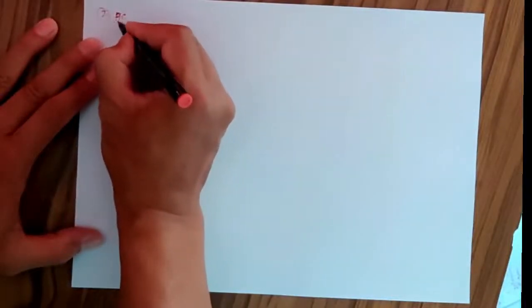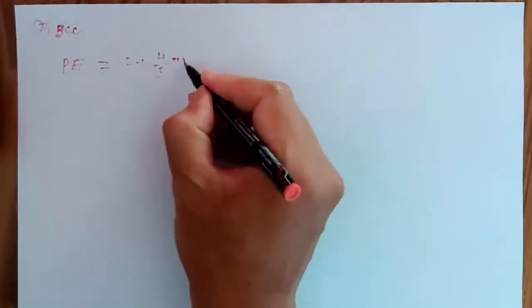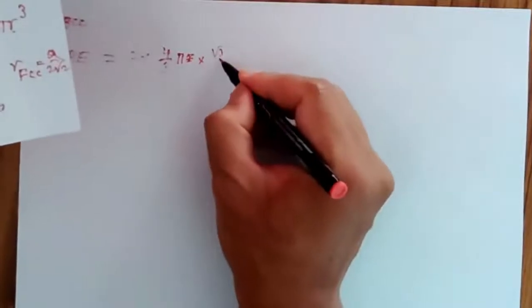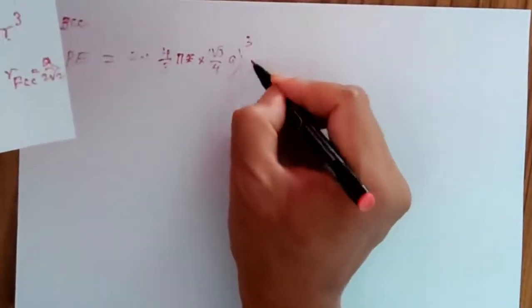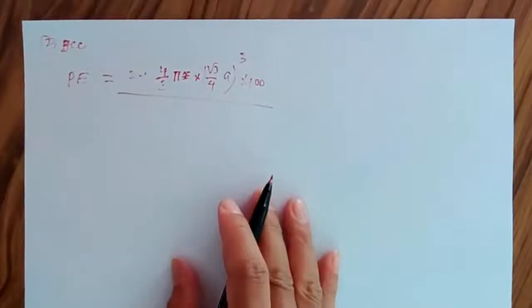Now packing efficiency for BCC. Number of atoms per unit cell for this is 2. 4 by 3 pi r cube, where R for BCC is root 3 by 4 A, cube, into 100, divided by A cube.